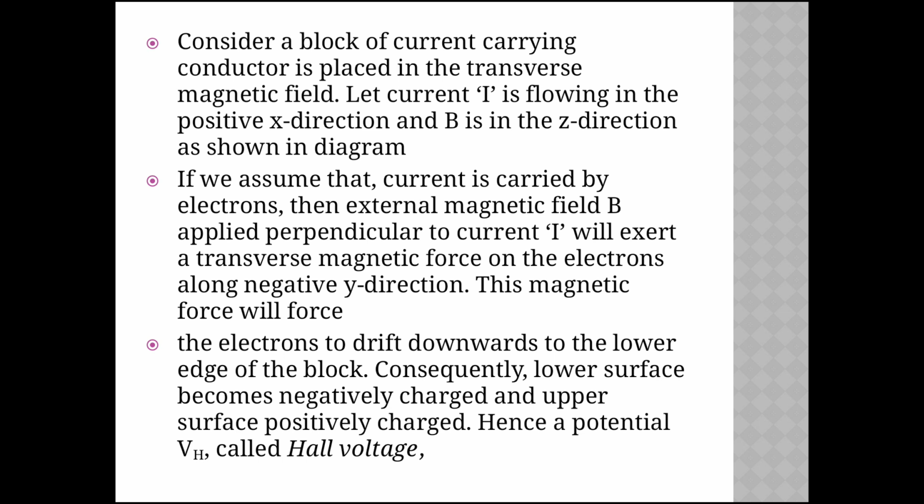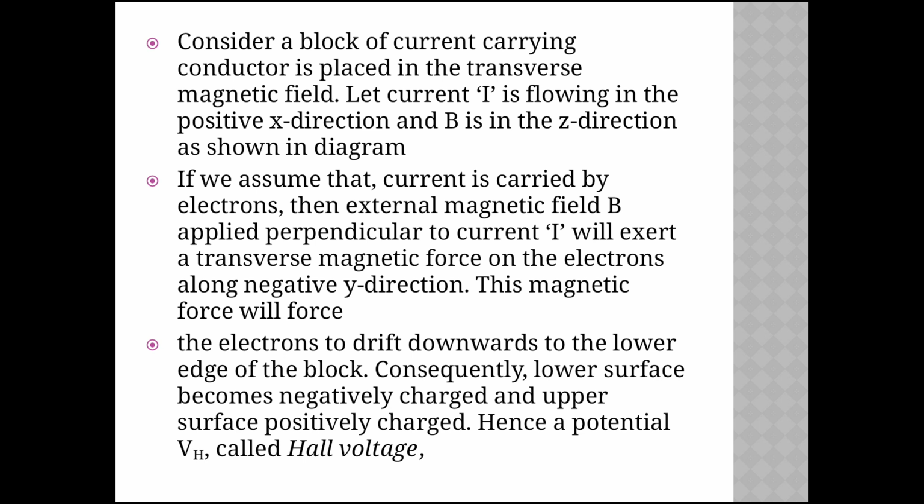Consider a block of current carrying conductor placed in a transverse magnetic field. Let the current I flow in the positive x direction and B in the z direction as shown in the diagram. If we assume that the current is carried by electrons, then the external magnetic field B applied perpendicular to the current I will exert a transverse magnetic force on the electrons along the negative y direction.